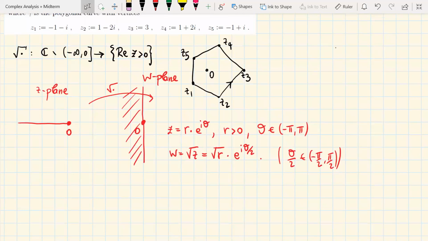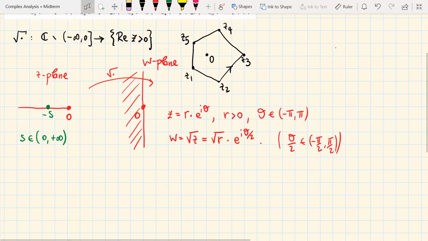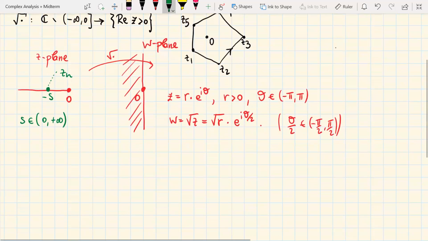And we will be interested in understanding what happens when we approach the negative axis. So let's say we have a point here minus S, where S is a positive number. And suppose we have some sequence Zn converging to minus S, with the property that the corresponding arguments, theta n, are positive. So we are approaching minus S from above.